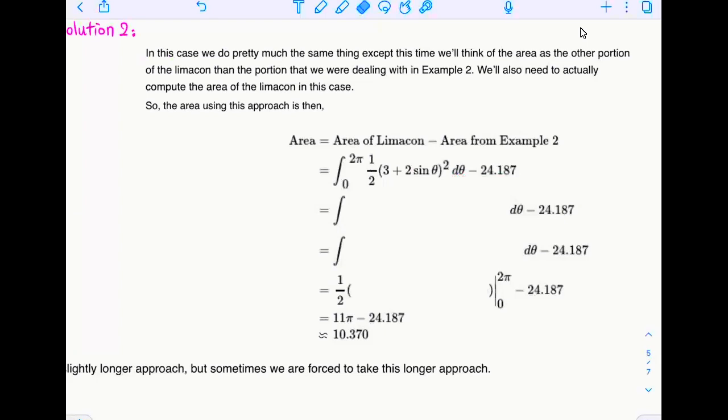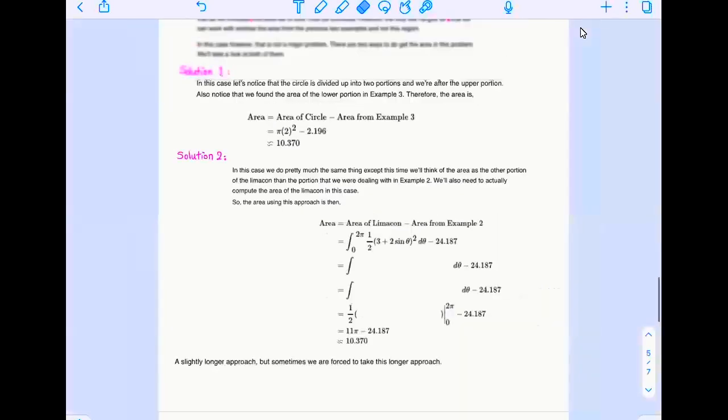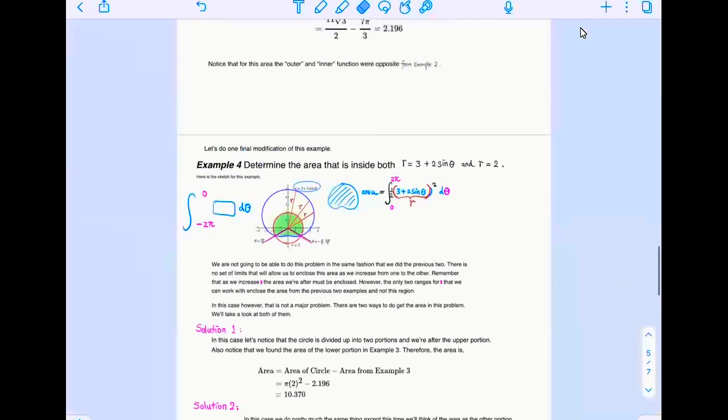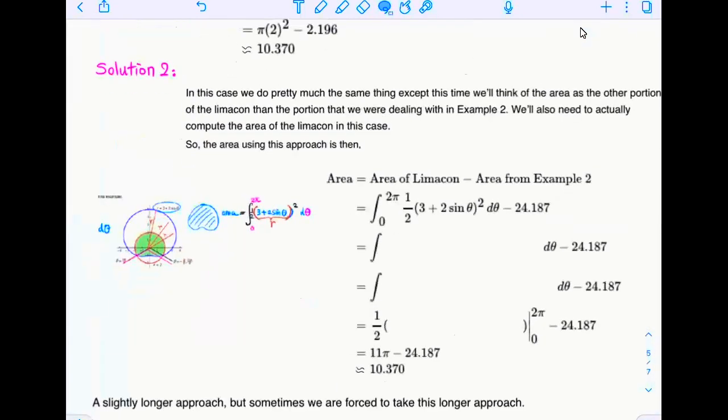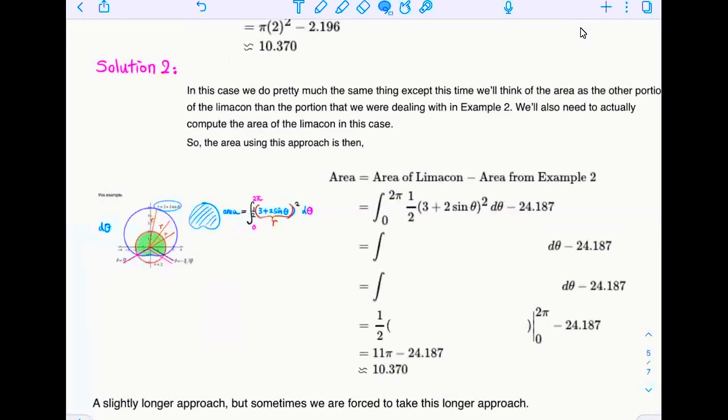Let me actually highlight this. This corresponds to the area inside this lemon soil.